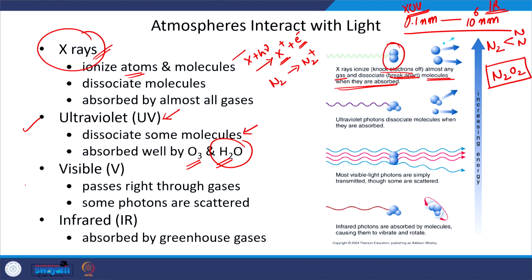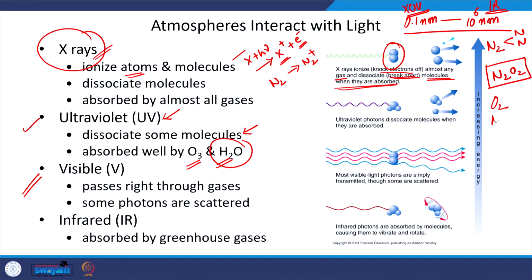Then you have visible, which is 350 to 700 nanometers, which doesn't pack a lot of the energy required for ionization or dissociation. As a result, it won't get absorbed by any gas. In physics, we know very well that excitation can only happen if the incoming radiation energy matches the exact energy gap between two energy levels.